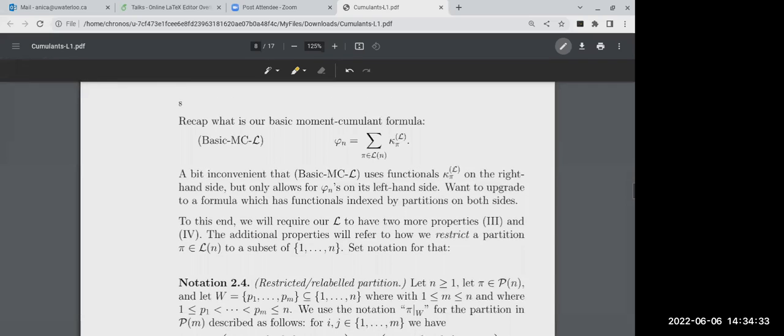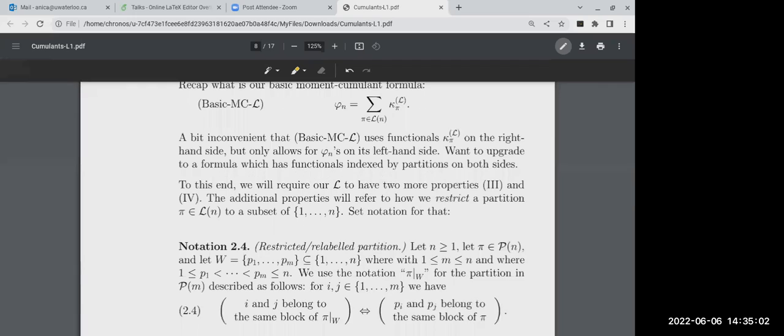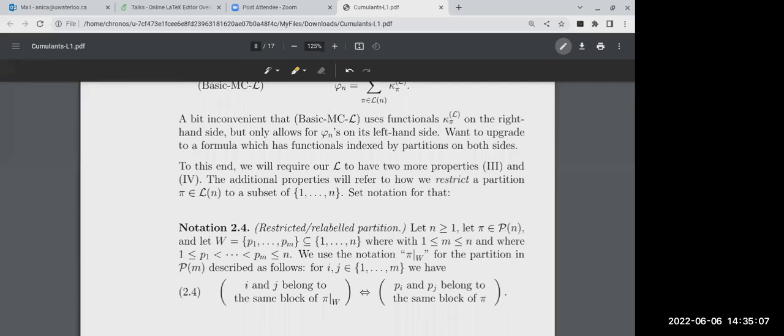So this is the basic moment cumulant formula. It is a bit of an inconvenience that here it is just pi n, written in terms of the K pi. You would like something more general, which also allows some phi pi here. I know what the formula is, because the classical, free and Boolean cumulants satisfy it, but let me dig into what makes that more general formula work.